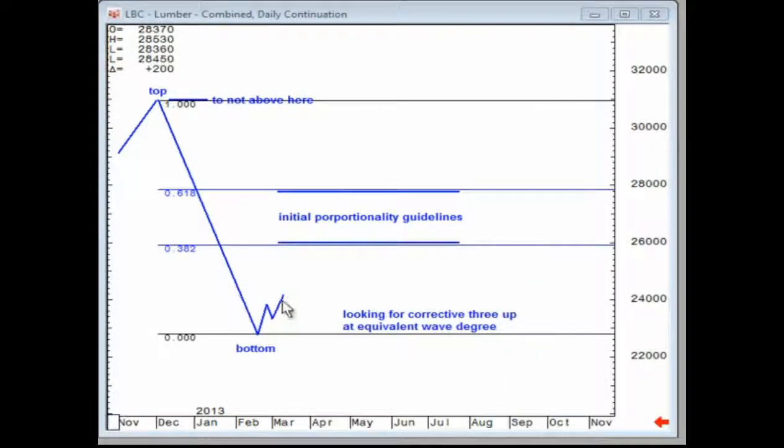The market turns up. You're looking for 3 up. You have 3 up. Should you sell it there? Think of this. Look at the time it took for this fall compared to that. Time proportionality is not there.